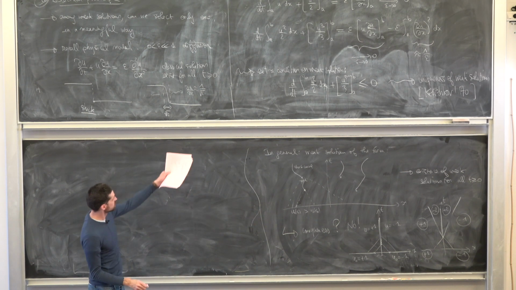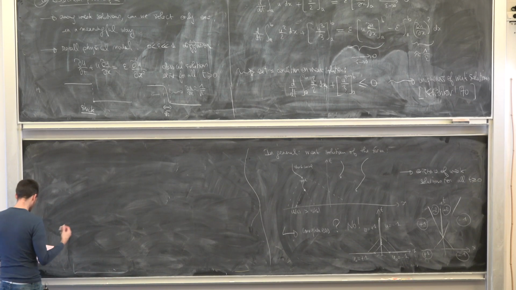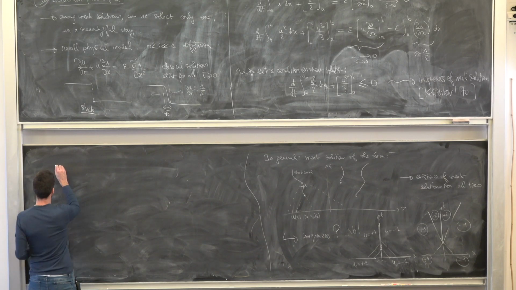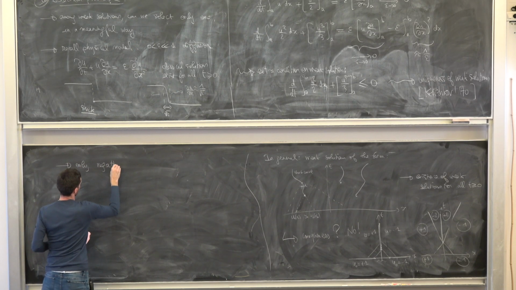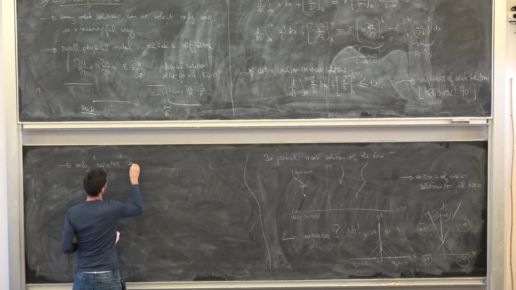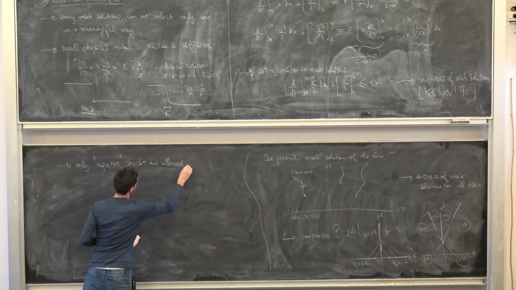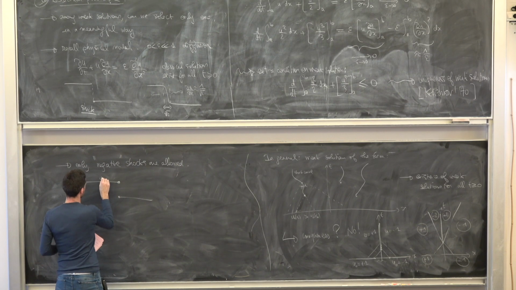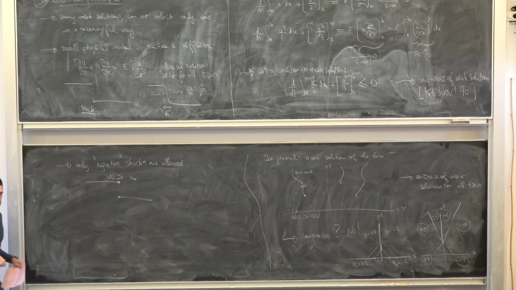Basically you can do the same type of calculations I did before, and I'm not going to do them, but I'm going to tell you the outcome. The outcome is that basically only the negative shocks are allowed. What it means is that I can do a shock like that, with a u minus on this side that is larger than the u plus on the right side.